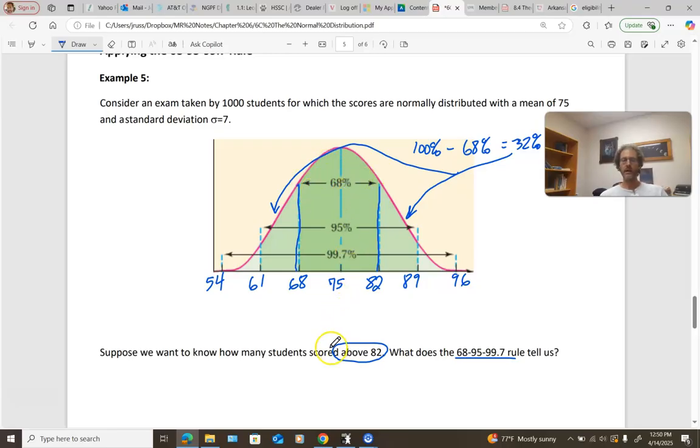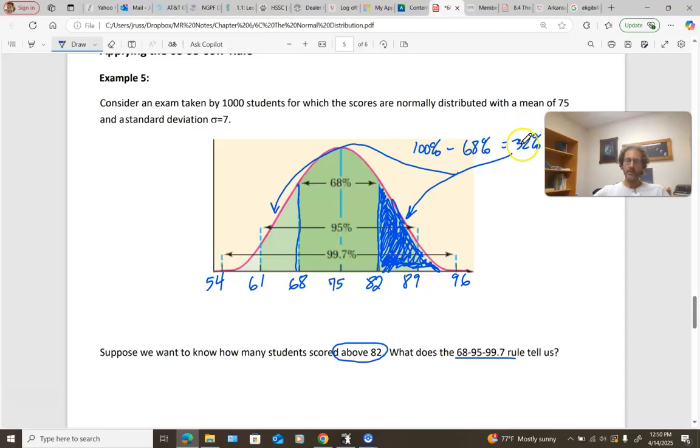We're trying to figure out what percentage is above 82, so that would correspond to this region here. I'm going to shade it. This whole region. Okay? Well, once you know the region that you're considering, then you can actually figure out the percentage. Well, this is just one of those tails. We know that both of these tails contain the other 32%.